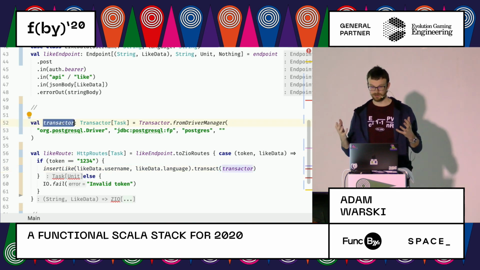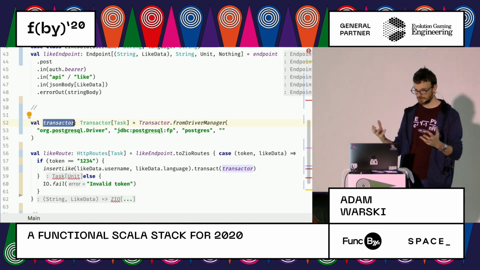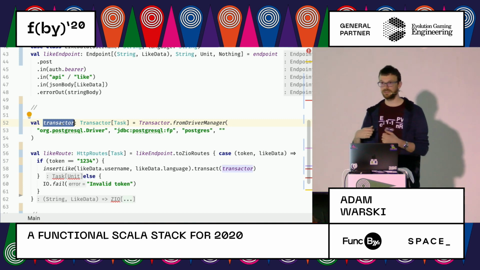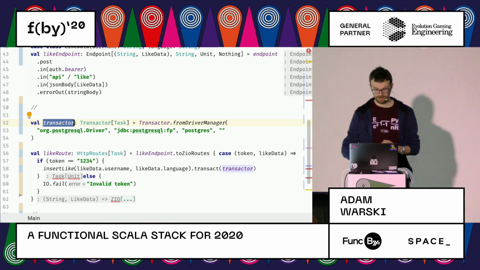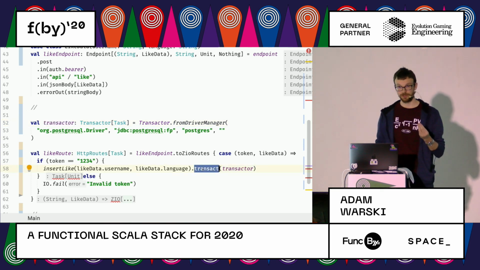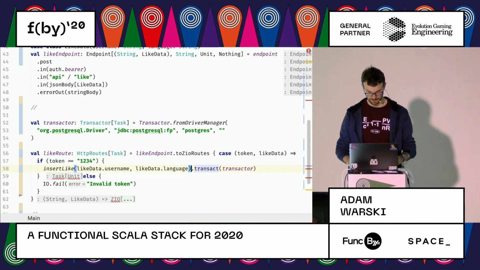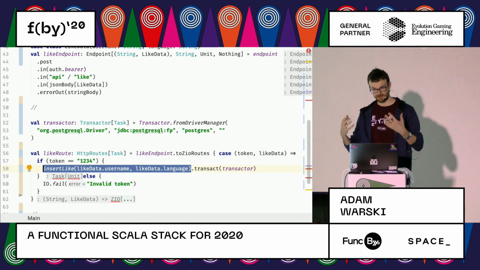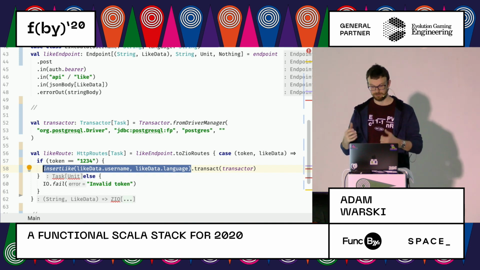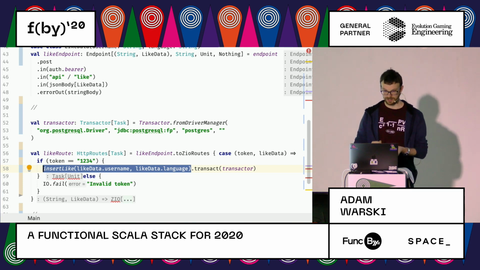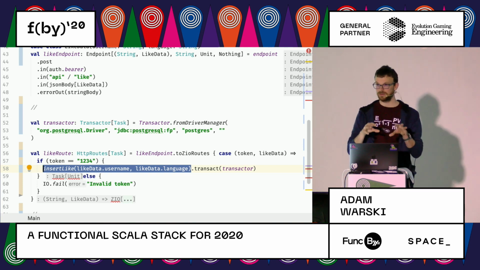The transactor is the structure which contains the details on how to connect to the database. It contains the connection pool, right? And what the transact does, again, it's an interpreter. It takes the data structure over here, and it interprets it so that it turns it into a side effect, which describes taking a connection from the pool, starting a transaction, executing what's described by the insert like.